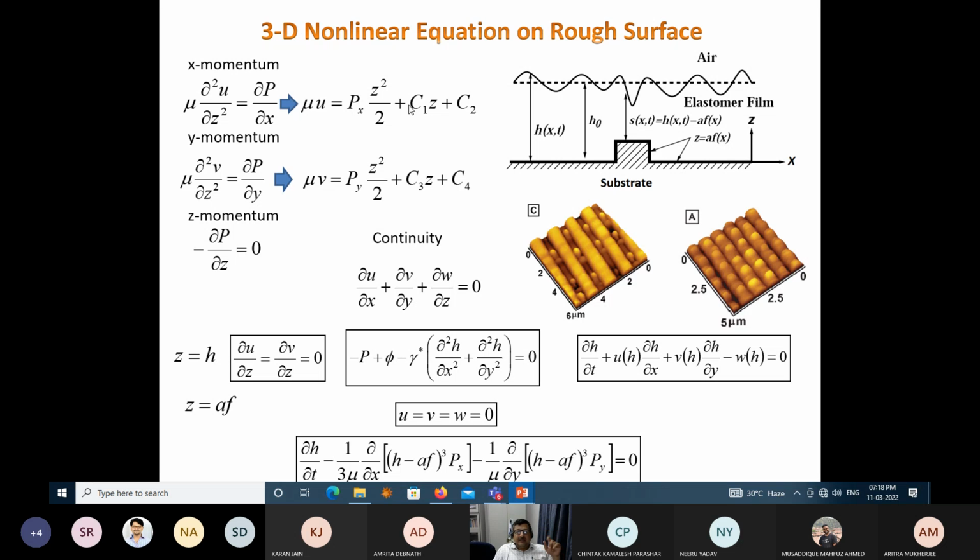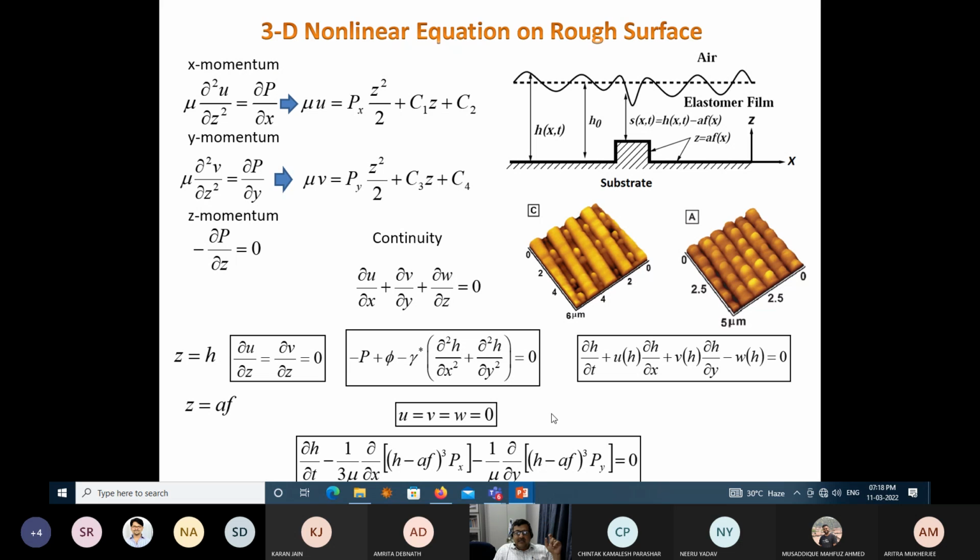So this is my x momentum equation. This is my y momentum equation. This is my z momentum equation. This is the continuity equation. This is the normal tangential balances at the interface. This is the normal balance. And you may see the kinematic equation only changes in case of a 3D situation, del h by del t, plus u_h del h by del x, plus v_h del h by del y, equals w_h.